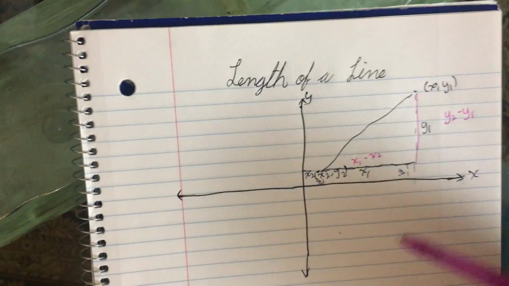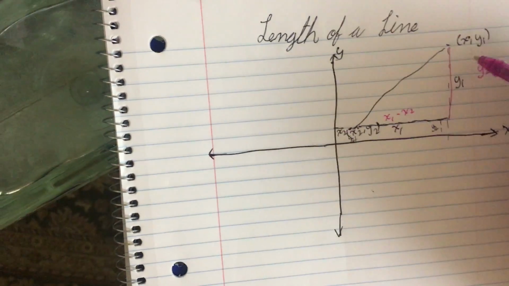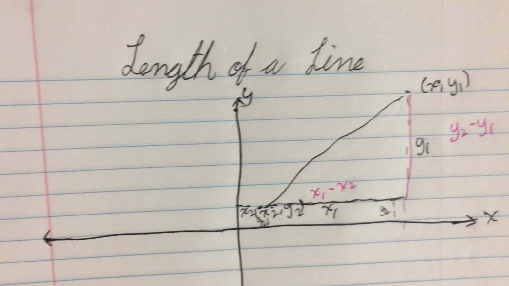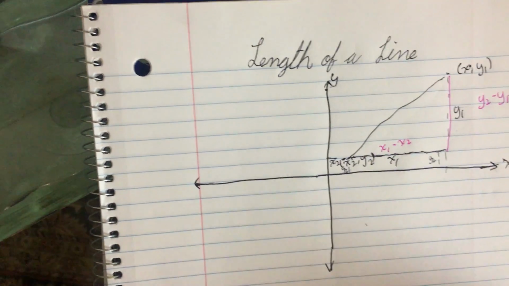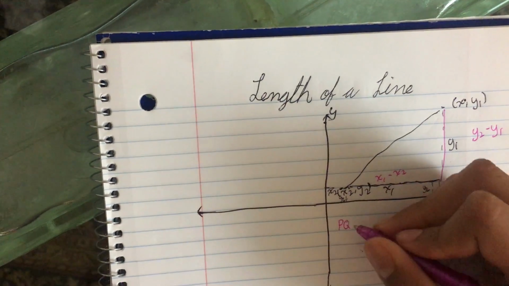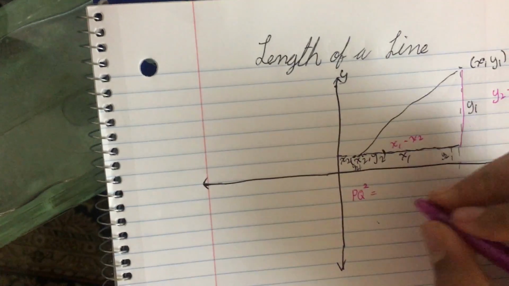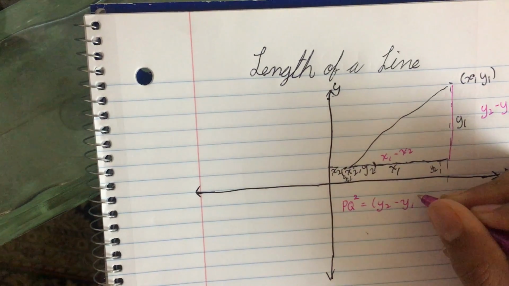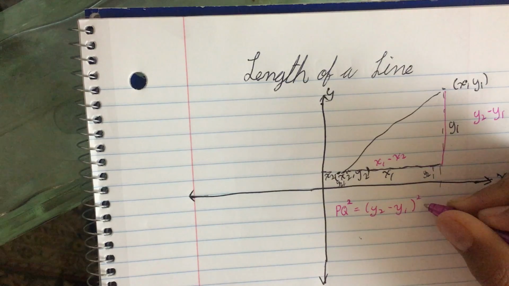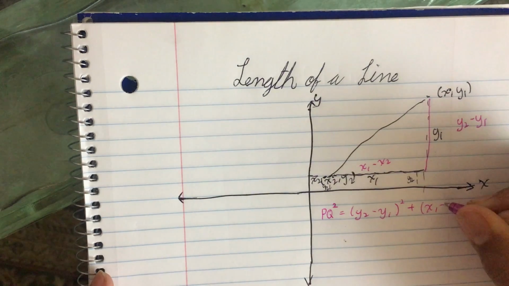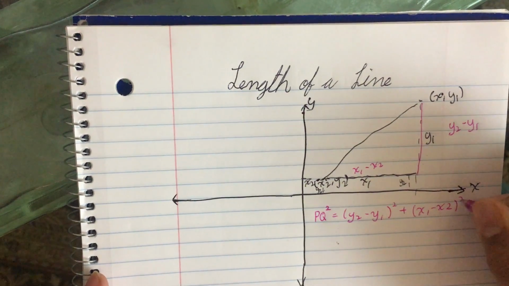Now, as you can see, we formed a triangle here, and we have two of the given sides, and we have one side remaining. This might be familiar. It's called the Pythagorean Theorem, and this is where our formula is derived from. So if I give these coordinates a name, PQ squared is equal to y2 minus y1 whole squared plus x1 minus x2 whole squared.